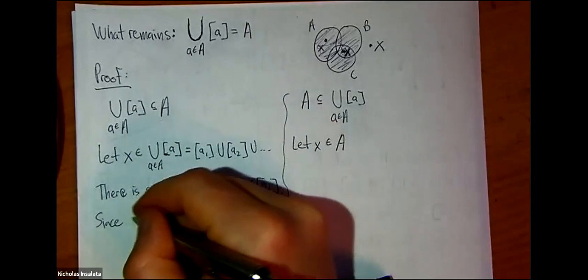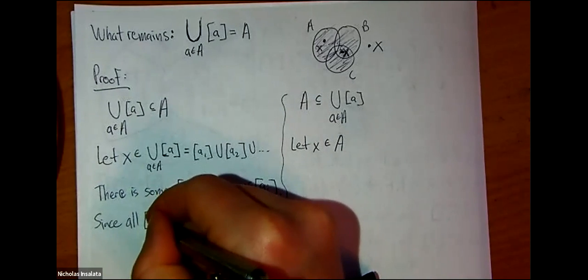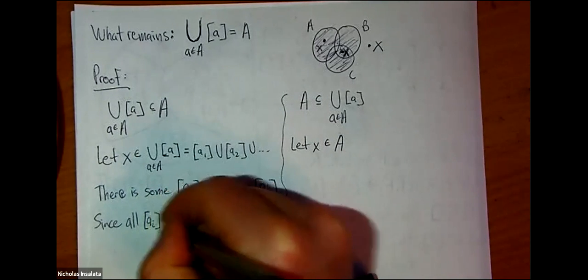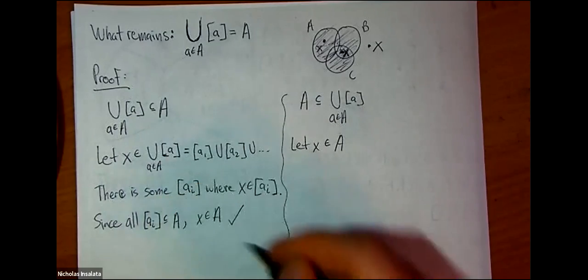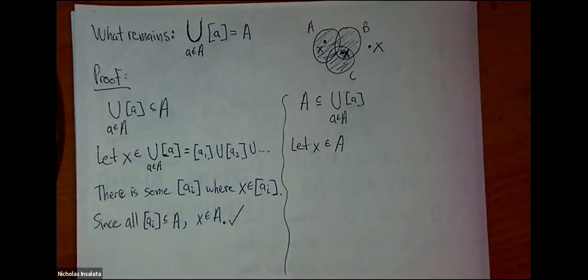Since all equivalence classes are subsets of A, X must be in A. You got it. Good. Okay, let's try the other side.